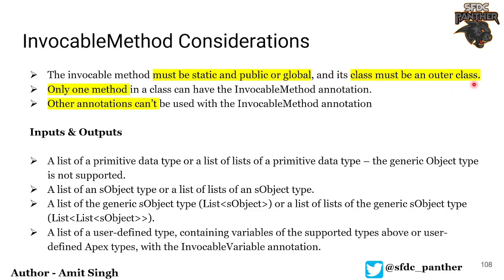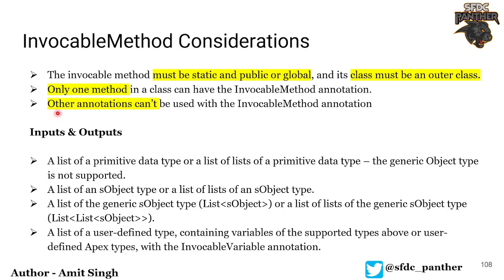Its class must be an outer class, which means you cannot have this method inside any inner class. And there can be only one method inside a class which is annotated as an invocable method. You cannot have multiple methods.